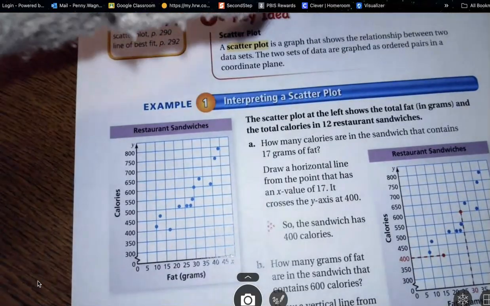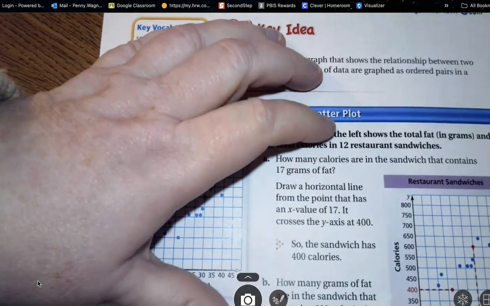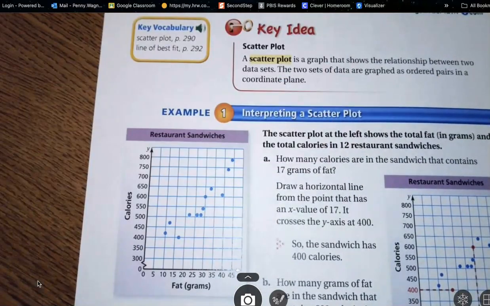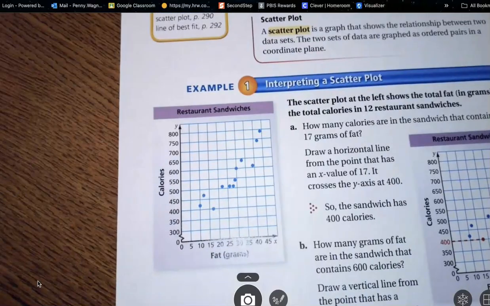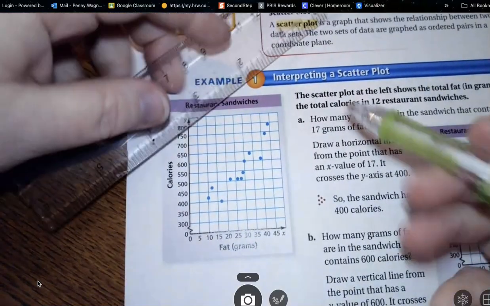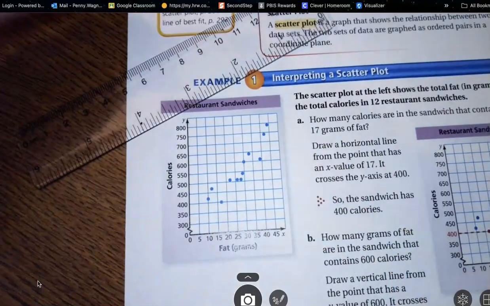All right, I know you don't have this one in your notes, but I wanted to show you what it would be like if we were to try to draw a line of best fit for a graph like this one here. So what I would like to do is figure out what the center of this would be.